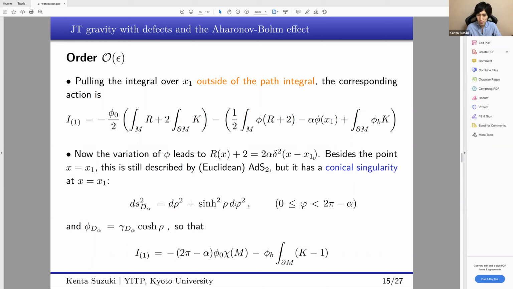But because of this defect insertion, the periodicity of the angular coordinate is now reduced by alpha, so that the periodicity is now given by 2 pi minus alpha. The on-shell action can also be written in the same form, which has a topological contribution coming from the Einstein-Hilbert action plus a boundary contribution.